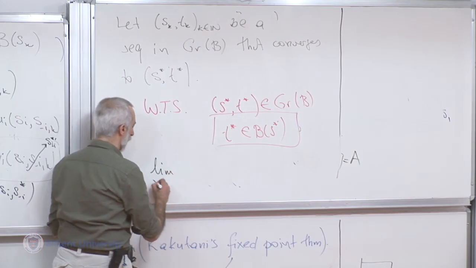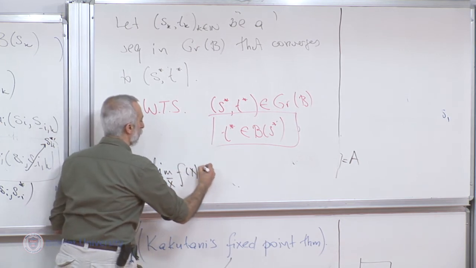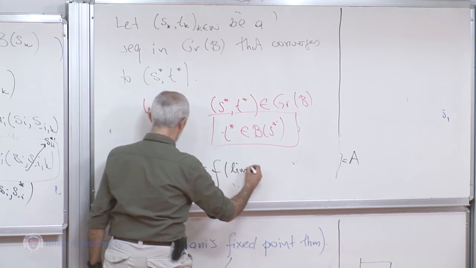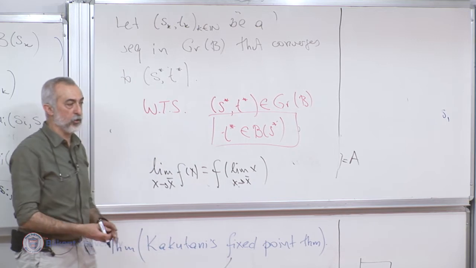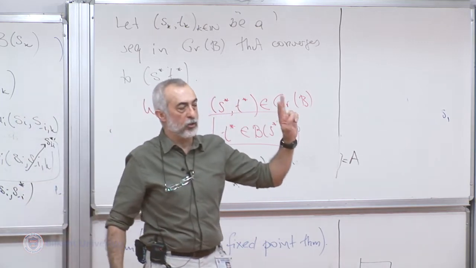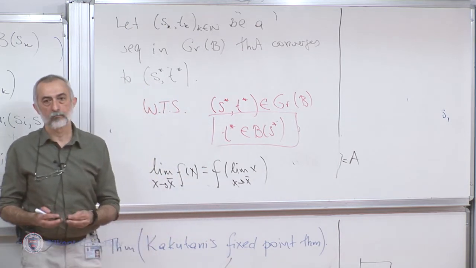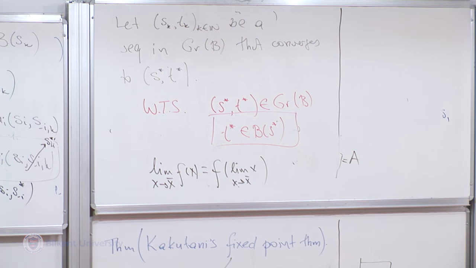Limit as x goes to x bar of f of x is equal to f of the limit of x as x goes to x bar. If f is continuous, we can interchange the function and the limiting operation. So that's where the continuity comes into play. Okay, so far so good.